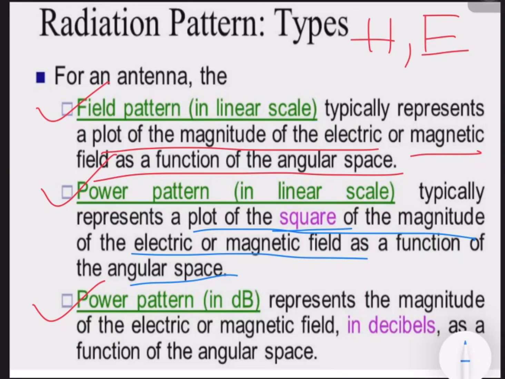So the radiation pattern we obtain in the lab is a power pattern represented in dB, which reflects the half power beam width. By the value of beam width we calculate the gain and directivity of the antenna. So this is what we call a radiation pattern.